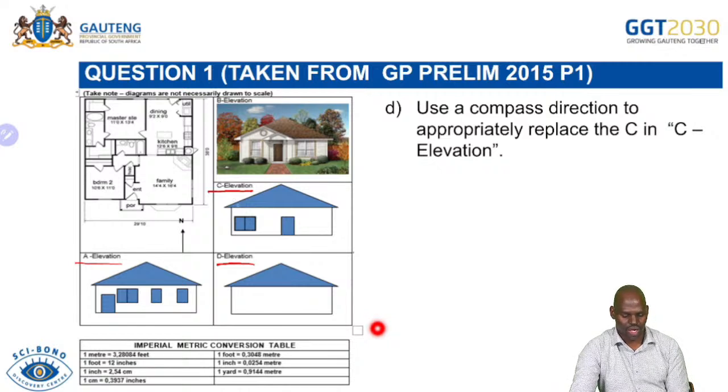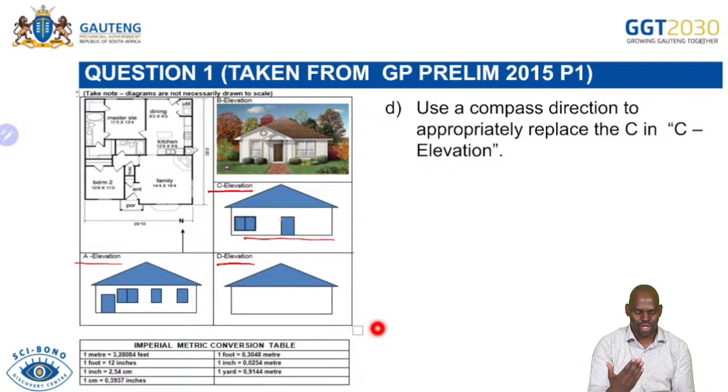We need to check on which side this elevation is. There's only one window and a door, so if you are facing this wall, you should be able to see the window and the door.